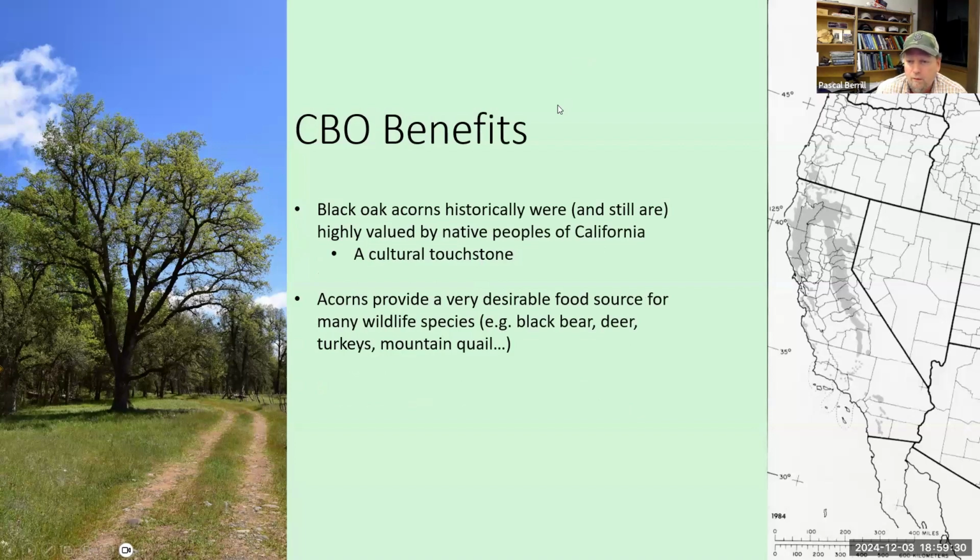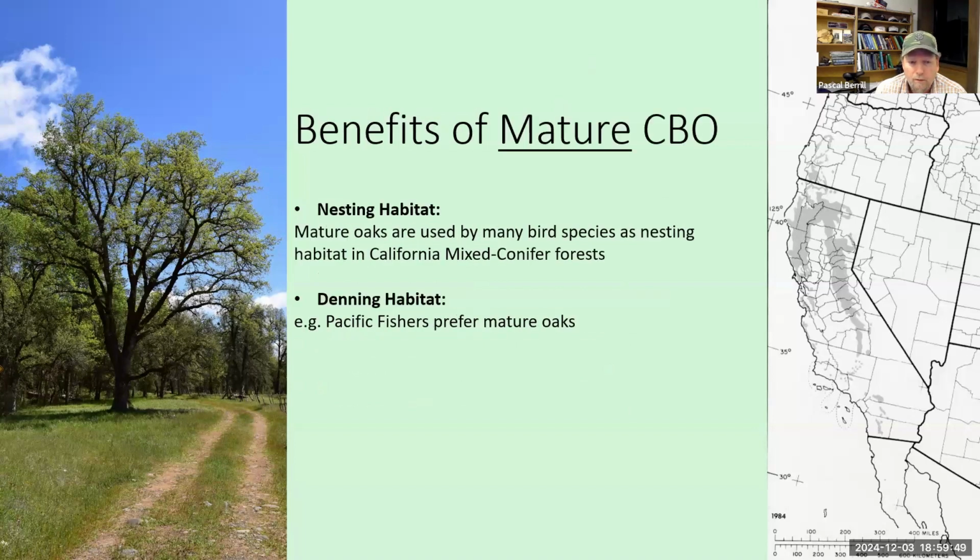The benefits then, why are we interested in California black oak? The acorns are highly valued by native peoples, and they also provide an important food source for many wildlife species. On top of that, we have benefits of mature black oak.